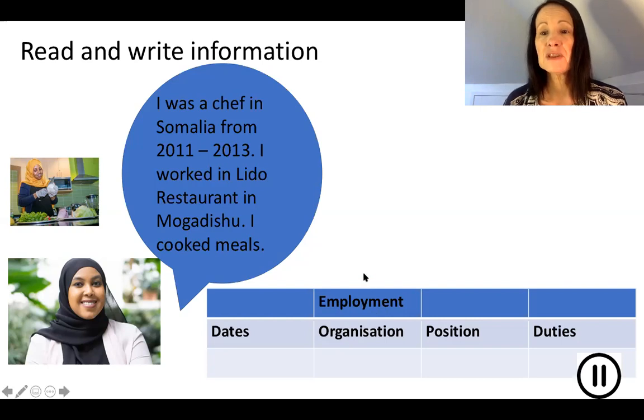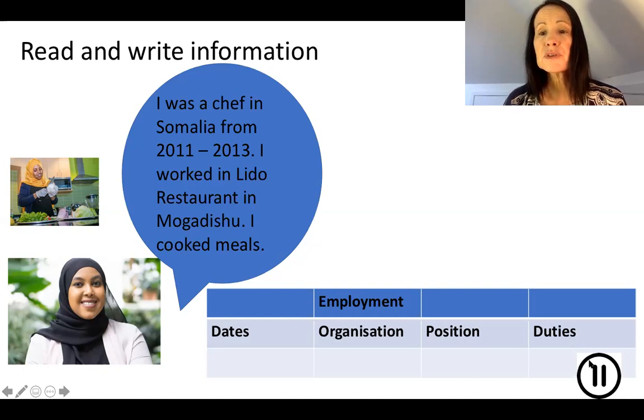And the information that the employer will be interested in is the dates that you worked, the organisation, so the company name, your position, what was your job, and the things that you did, the duties, the things that you did in that job.